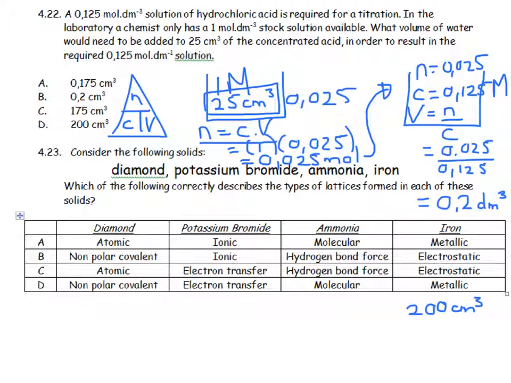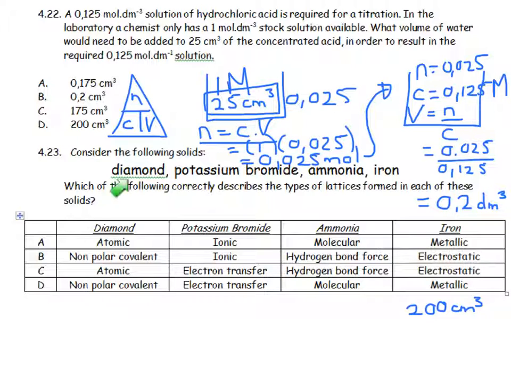Originally, I had 25 centimeters cubed, so I need to subtract those 25 centimeters cubed from the 200 centimeters cubed. So total volume of the dilute solution less what was contributed by the concentrated solution lands up with an answer of 175 centimeters cubed.